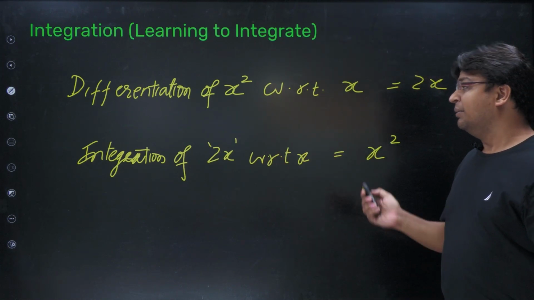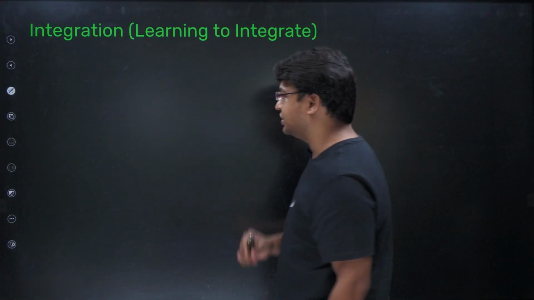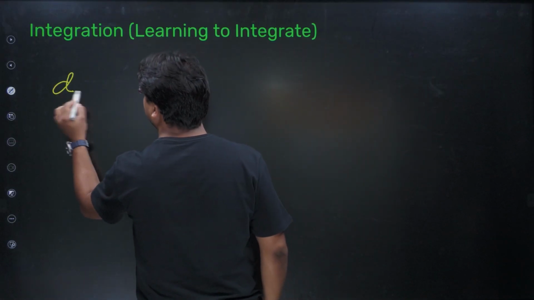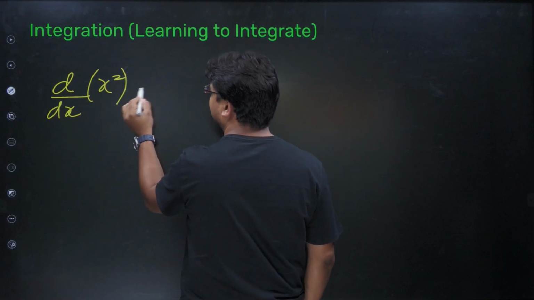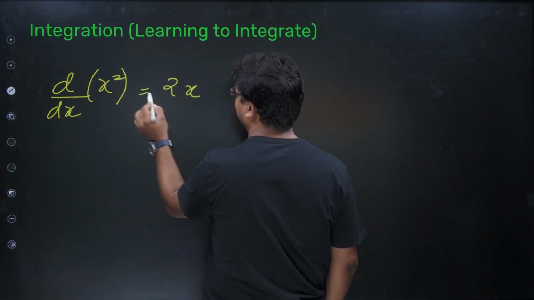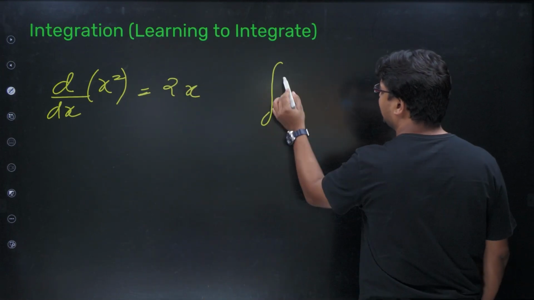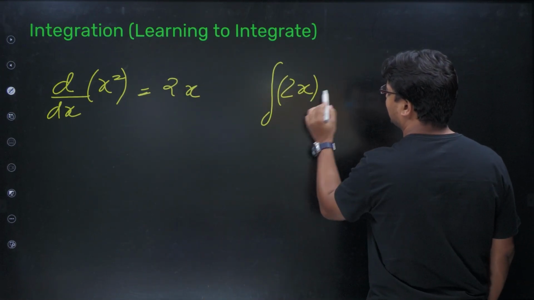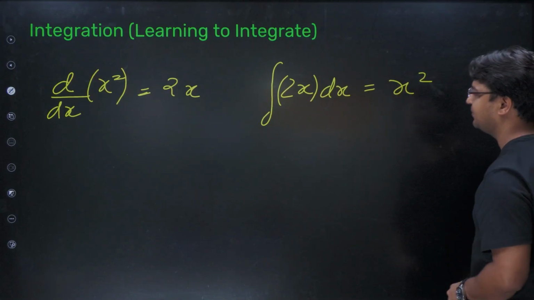But there is a very important thing to be observed. Notice that if I differentiate, let's say, x square, we end up getting 2x, which means that if we integrate 2x with respect to x, we should end up getting x square.